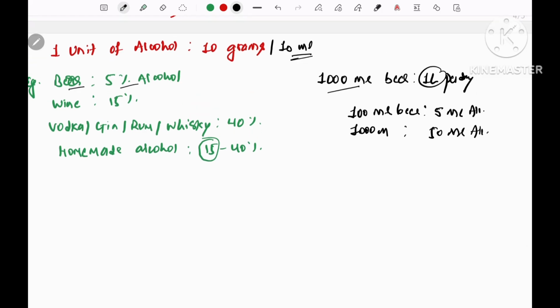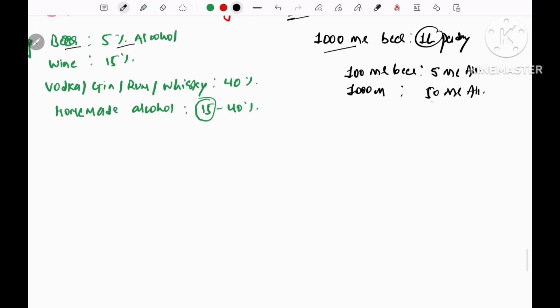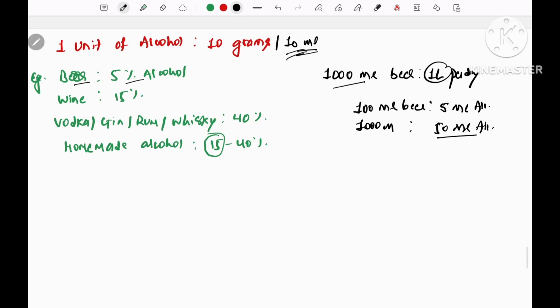So 10 ml means 1 unit, and 50 ml of alcohol means 5 units. So if a patient drinks 1 liter of beer per day, he consumes 5 units of alcohol per day.